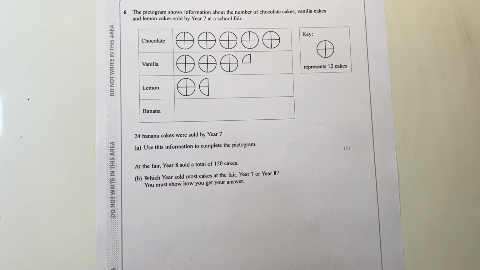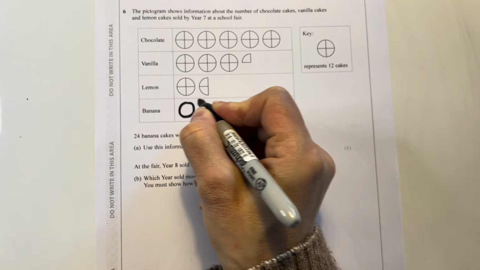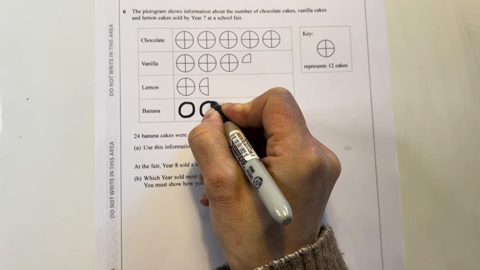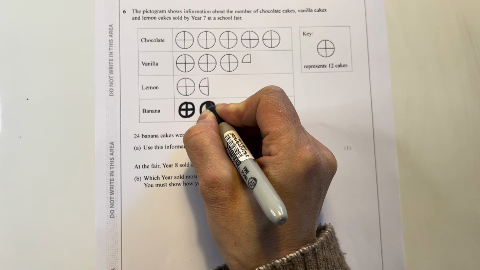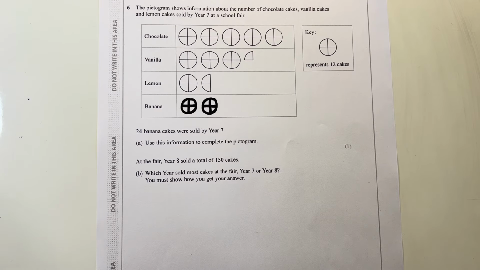This means we need 2 of those circles to represent 24 cakes. At the fair, Year 8 sold a total of 150 cakes. And we're asked in part B, which year sold the most cakes, Year 7 or Year 8?